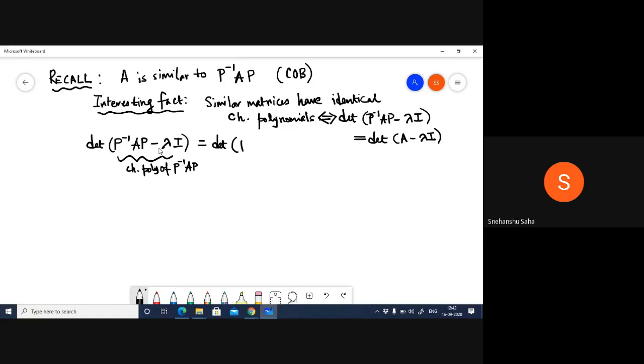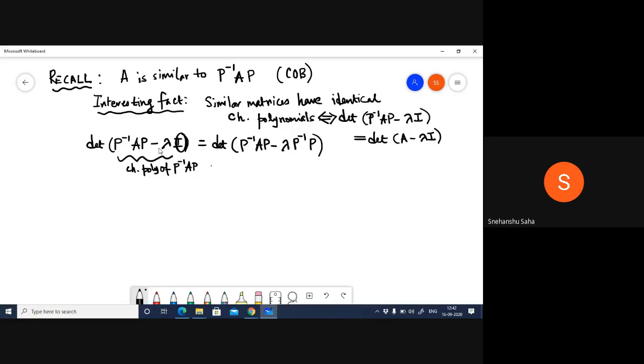What I can do is write this identity matrix I as P inverse P, because I know that P is an invertible matrix, and any invertible matrix satisfies the relation P inverse P equals the identity matrix.